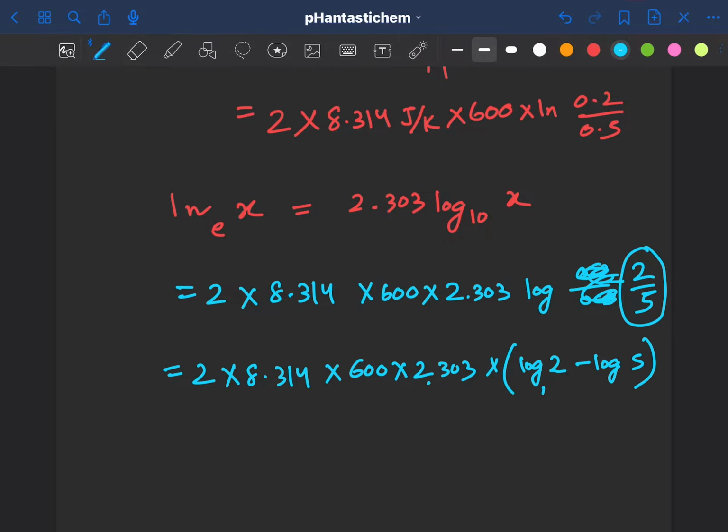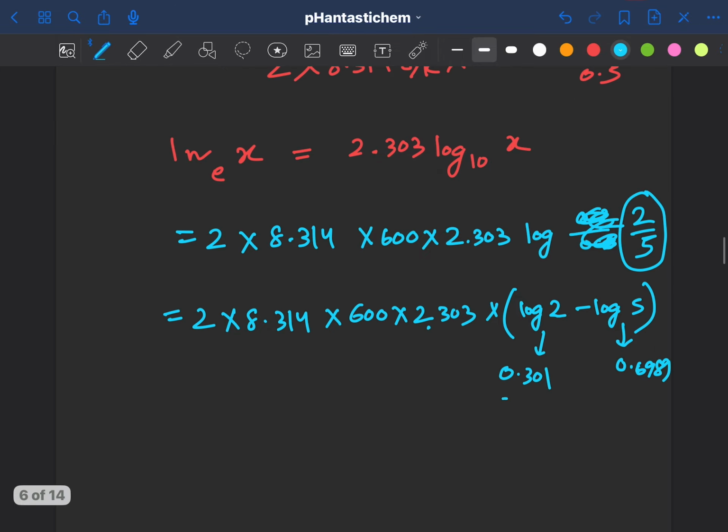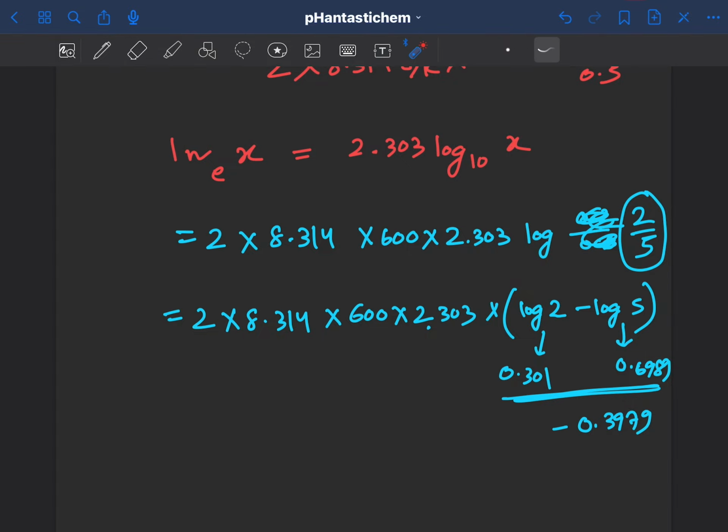And log 2 value is given to us 0.301. Log 5 value is given to us 0.6989. When we do the subtraction of these two, we get minus 0.3979. So basically work done is 2 into 8.314 into 600 into 2.303 into minus 0.3979.